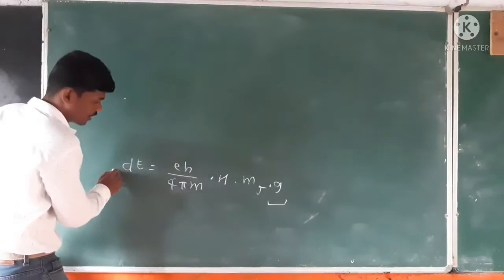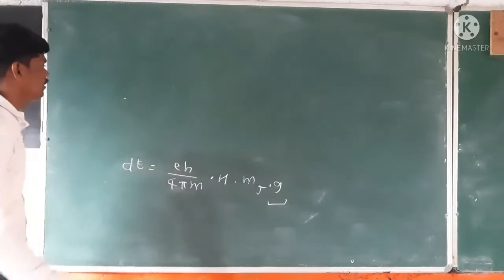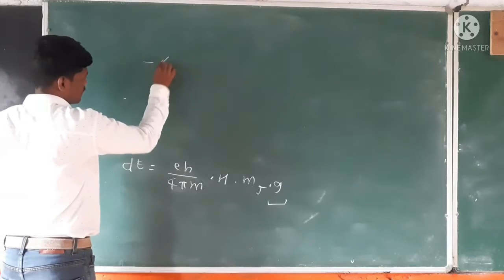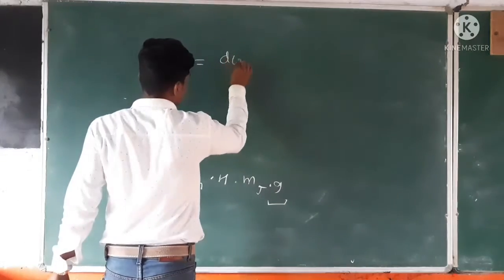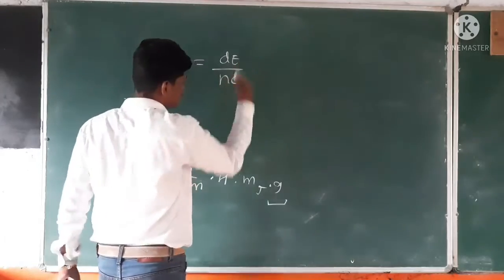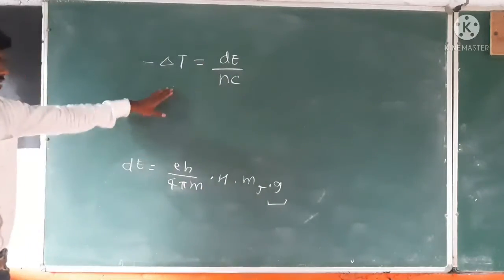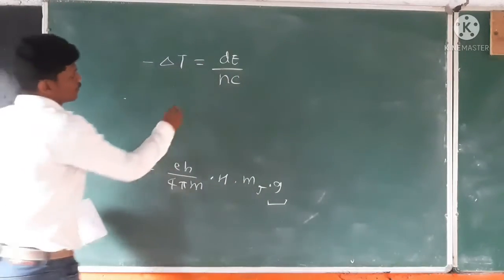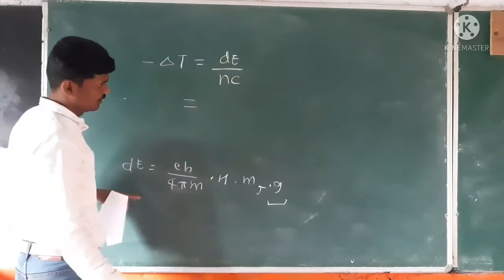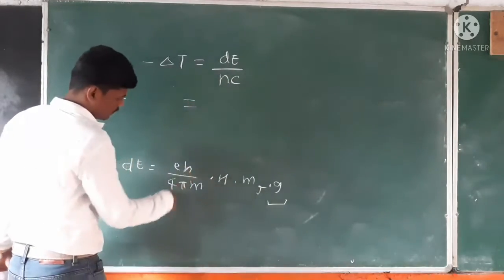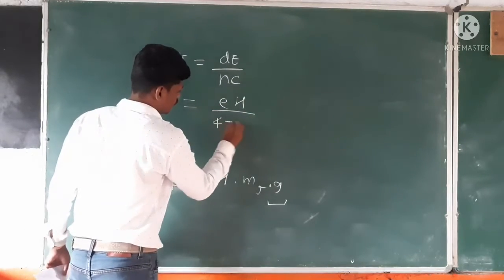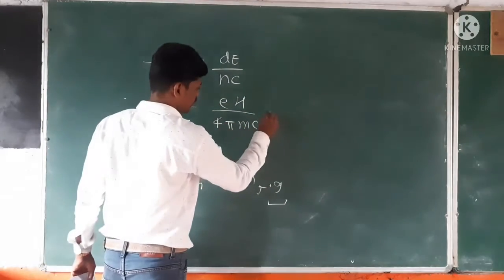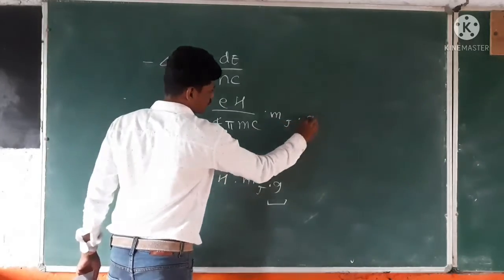This interaction energy we can represent in wave numbers as term shift. So E by Hc. So this is the interaction energy in wave numbers, nothing but term shift. So using the value of E and this Hc, we will just write eH by 4 pi mc into Mj into g.